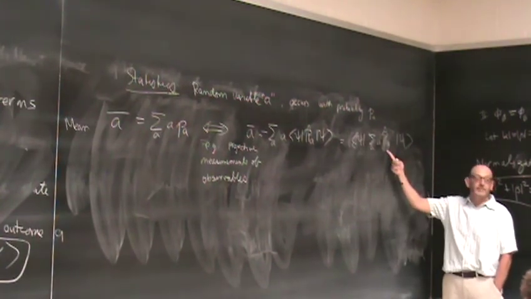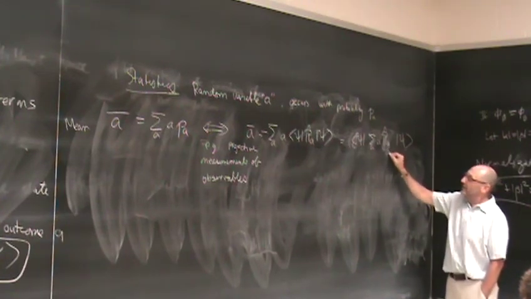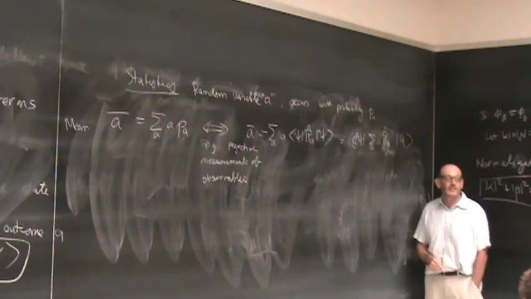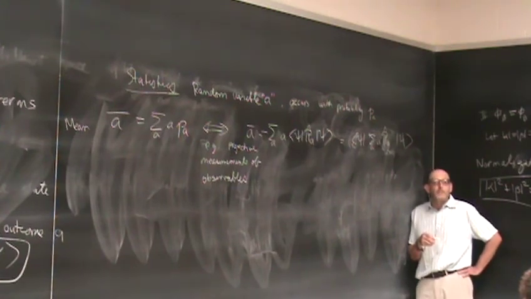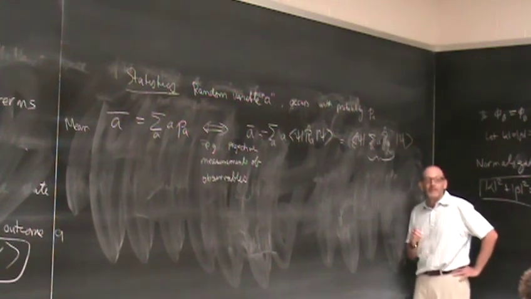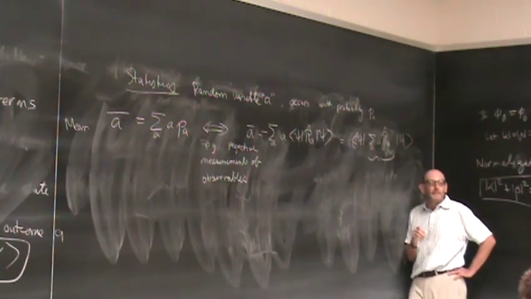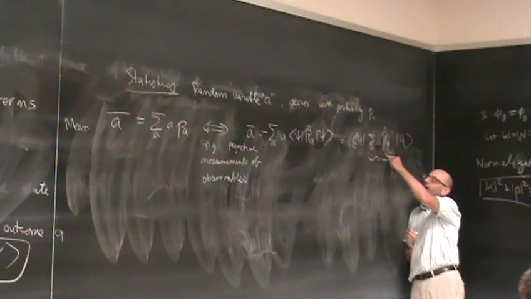And what is this object? Do you recognize it? If it was non-degenerate, you might recognize it. What is this in the bracket? This is the diagonal representation of something.